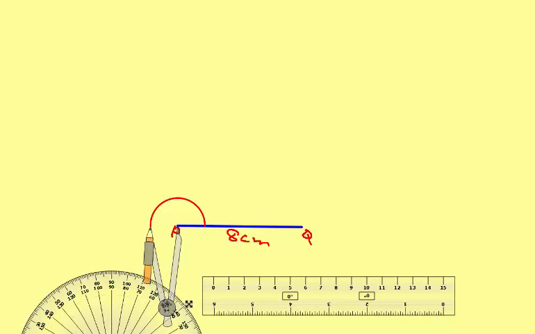Okay. Then from here, let's construct our 60 degrees.